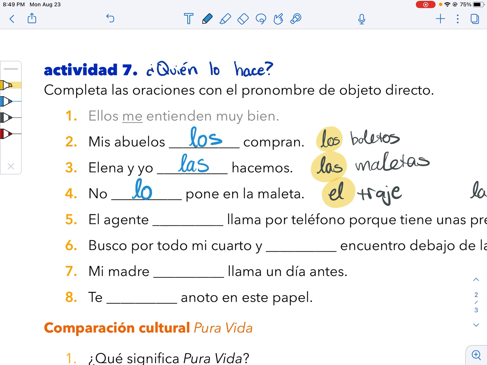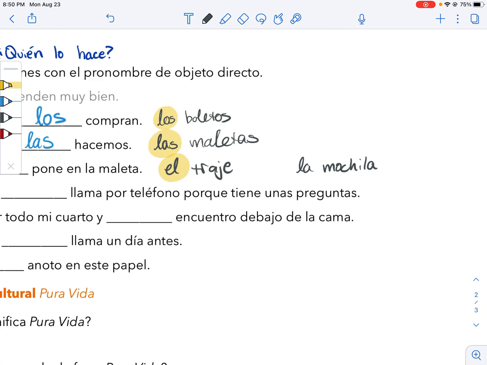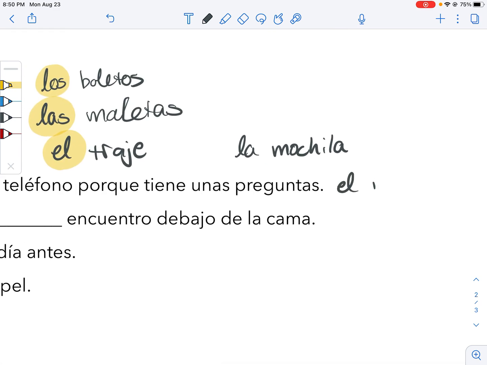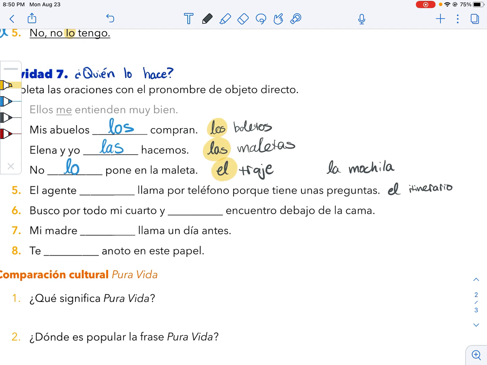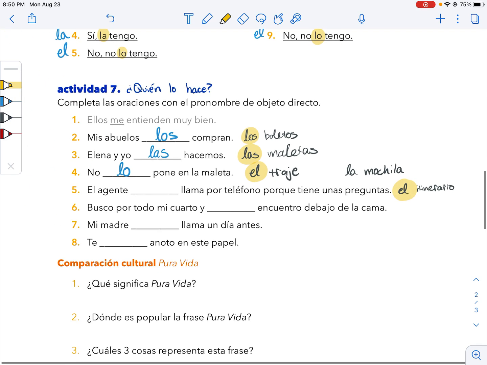Número 5. El agente de viajes va a preparar nuestro itinerario. Okay, so what are they preparing? They're preparing our itinerary. I'm running out of room over here. El itinerario. They're preparing the itinerary. So we want our direct object to match el itinerario.